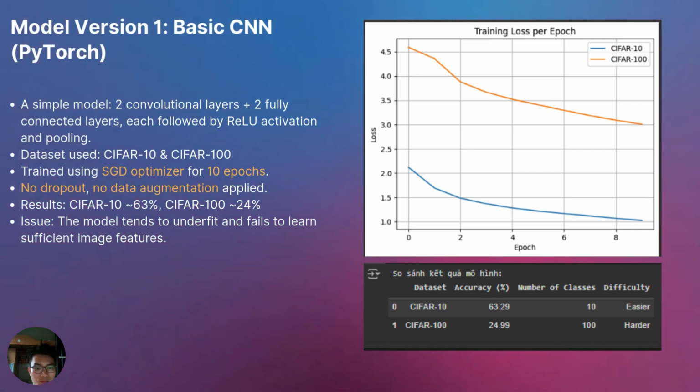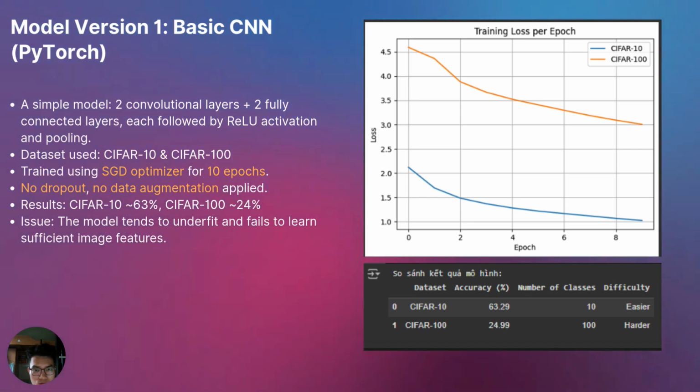Because I want to observe how the basic code handles the datasets, in this version I don't use dropout and data augmentation. So look at the table here: CIFAR-10 with 63% accuracy and CIFAR-100 with 24% accuracy.